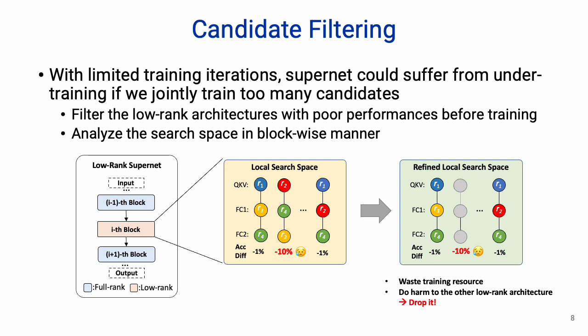So, if a rank level performs poorly in the local stage, then we should not consider it when we jointly apply the low-rank approximation onto the others. By applying such a strategy to each transformer block, we can effectively refine the search space and focus our training budget on those potential architectures.